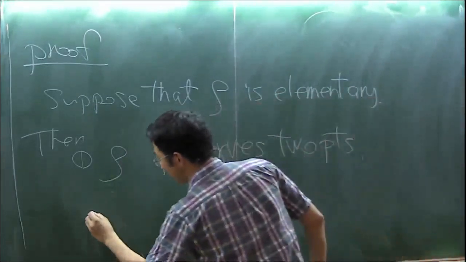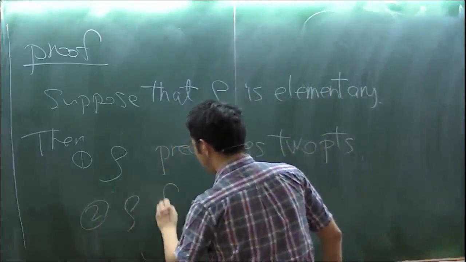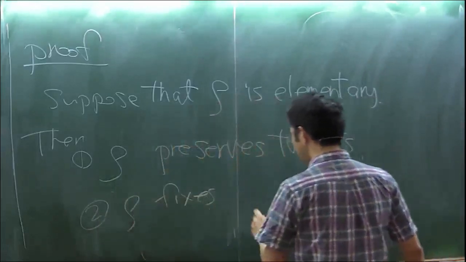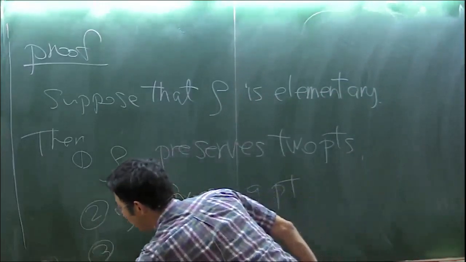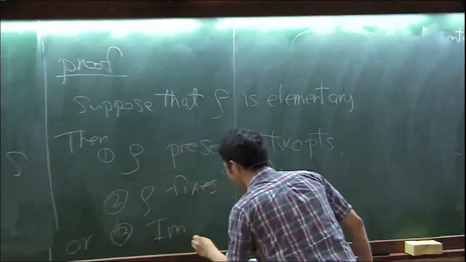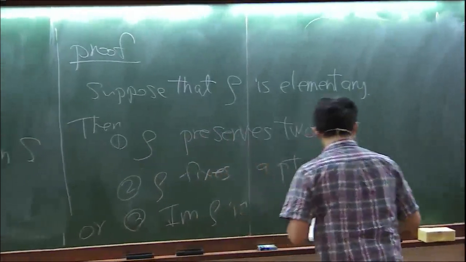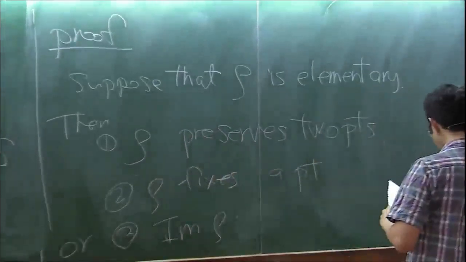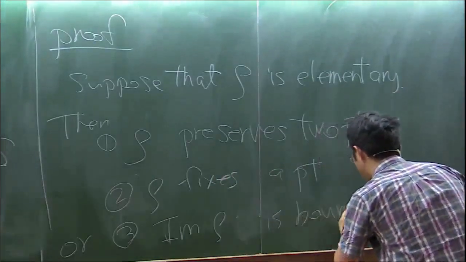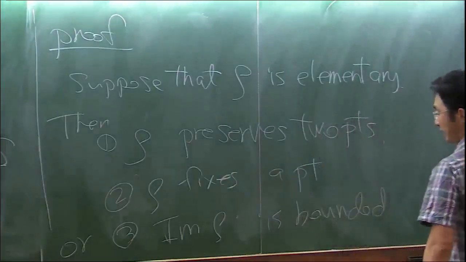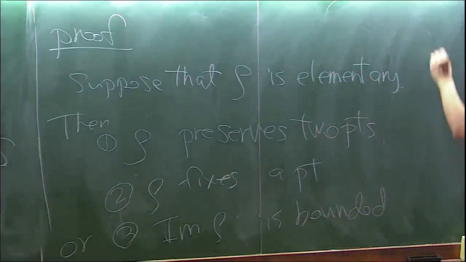One more case: rho fixes a point, or the image of rho is bounded. Bounded subset in PSL2C.